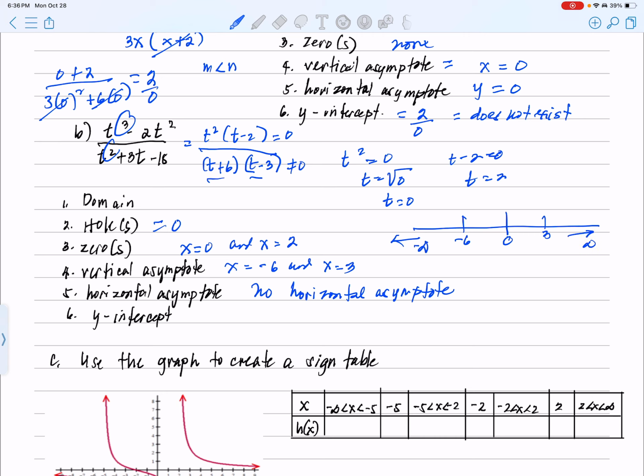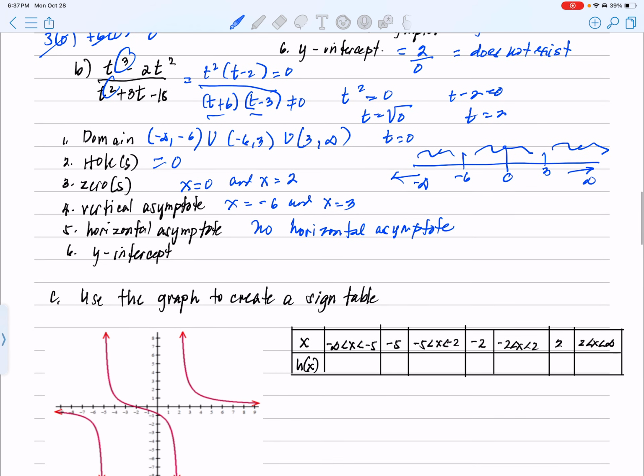So our domain is negative infinity to negative 6, union the interval negative 6 to 3, and union 3 to positive infinity.